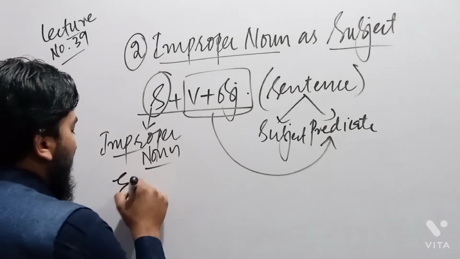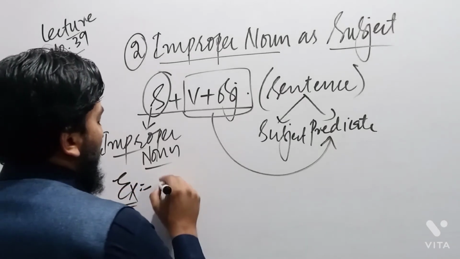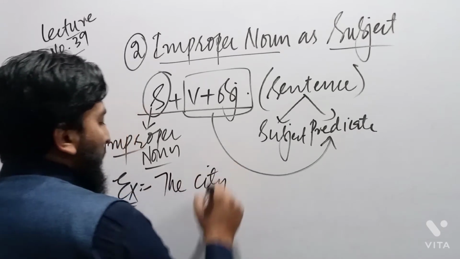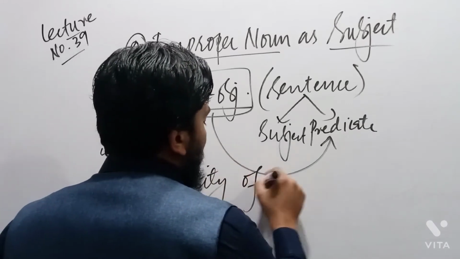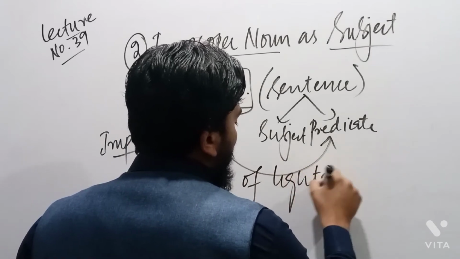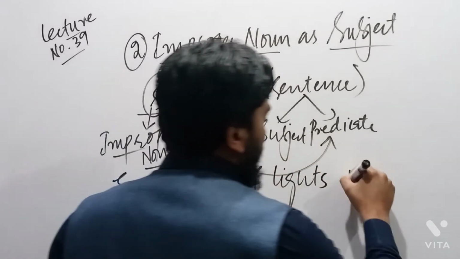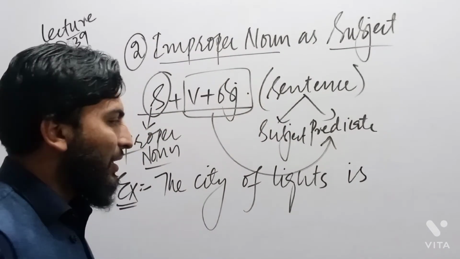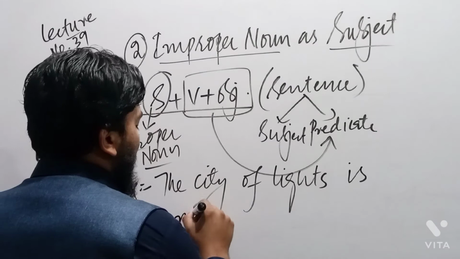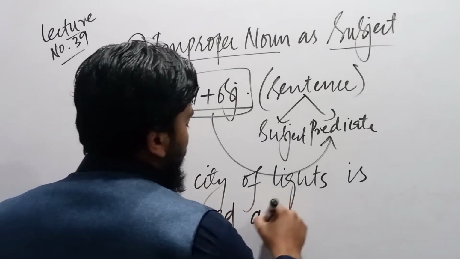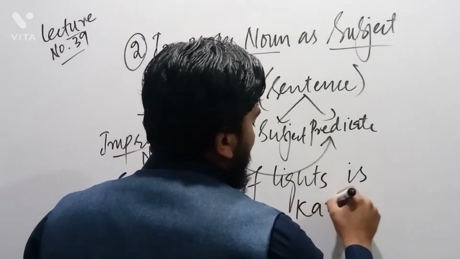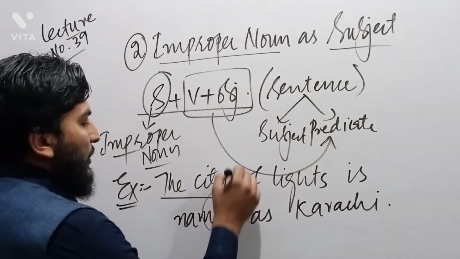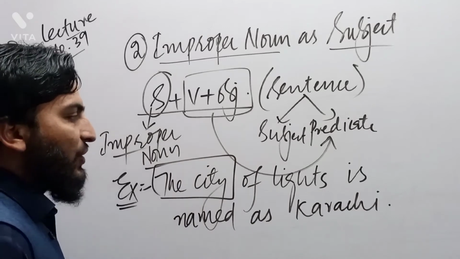For example, I say the city of lights is named as Karachi. Now, the city of lights is named as Karachi.